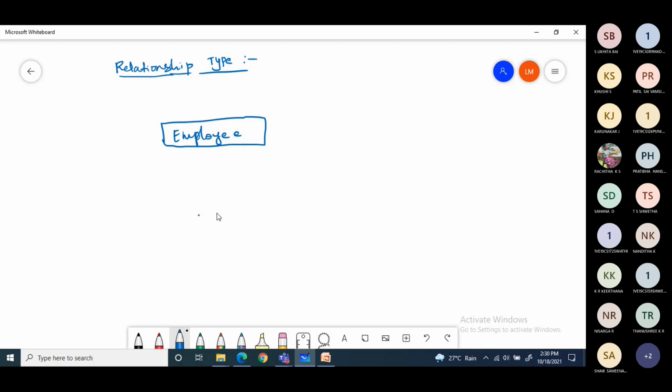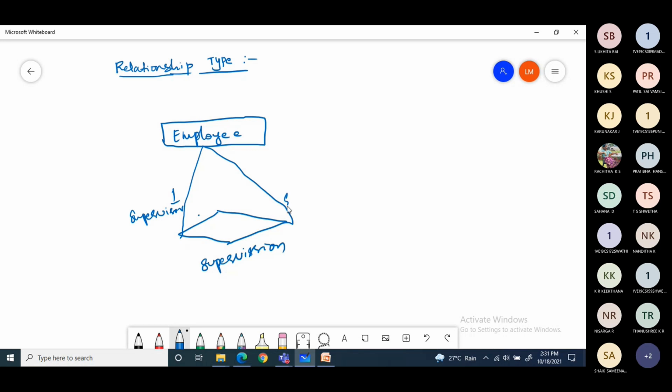Now supervision is a relationship type, which is generated like this. There is one supervisor, right? And there are n number of supervisees. One is to n, and this is supervise.